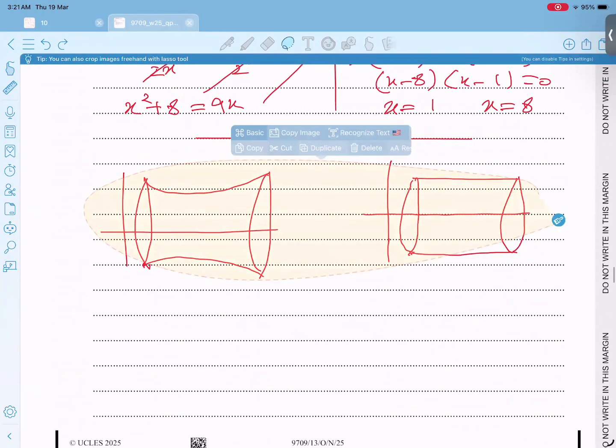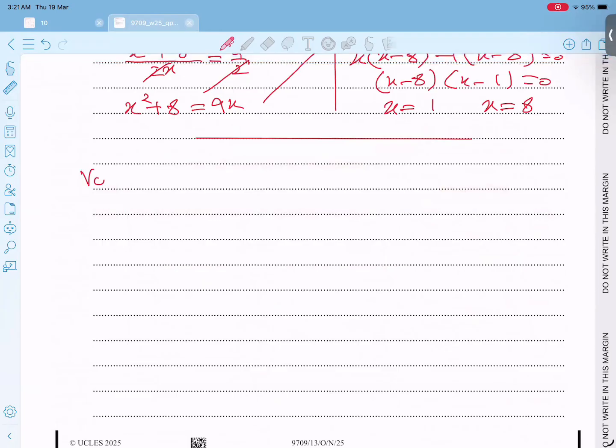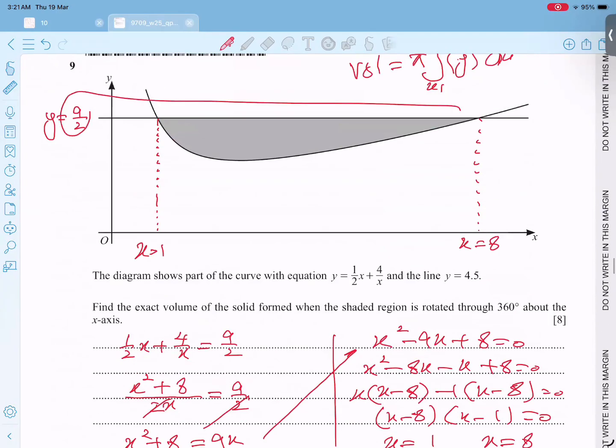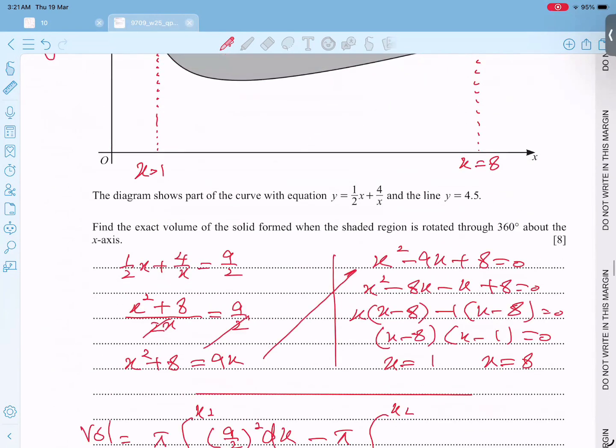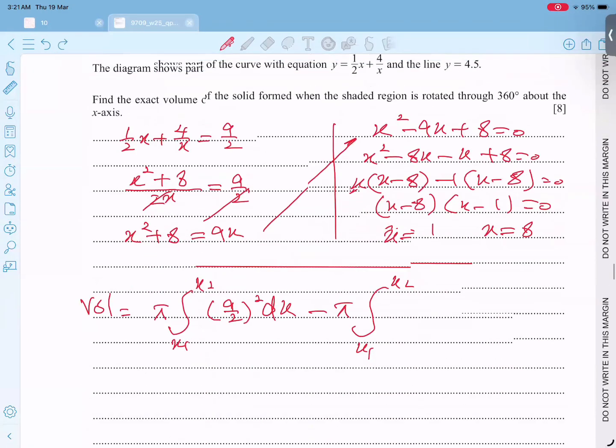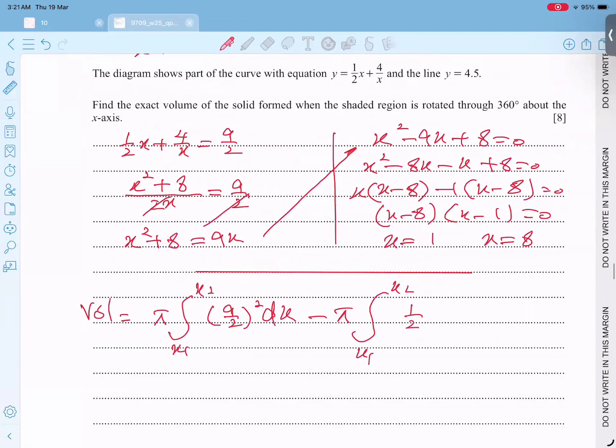So how can we do it? Let's complete it. The volume formula is pi, integral from x1 to x2 of the upper curve squared, but not upper curve, it's called the line, 9 by 2. So this is the upper, 9 by 2 whole square dx, minus again pi integral from x1 to x2 of the curve, which is here half x plus 4 over x, and whole square dx.